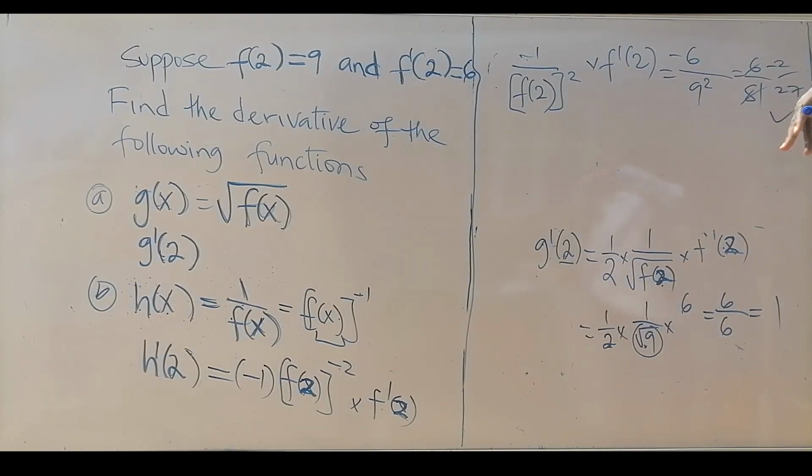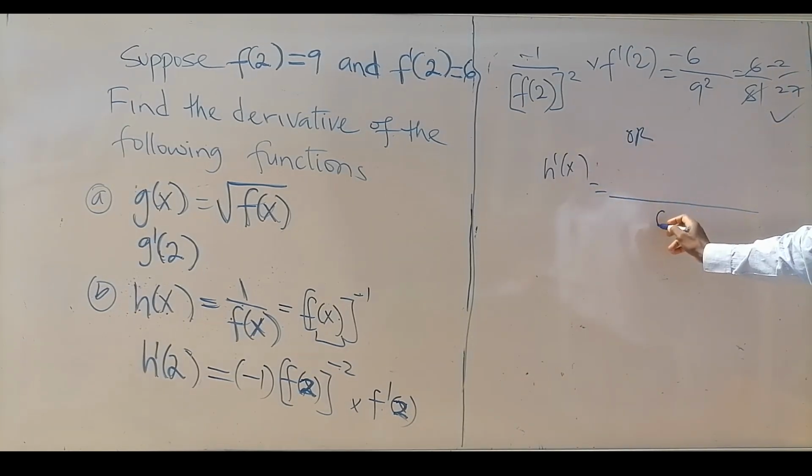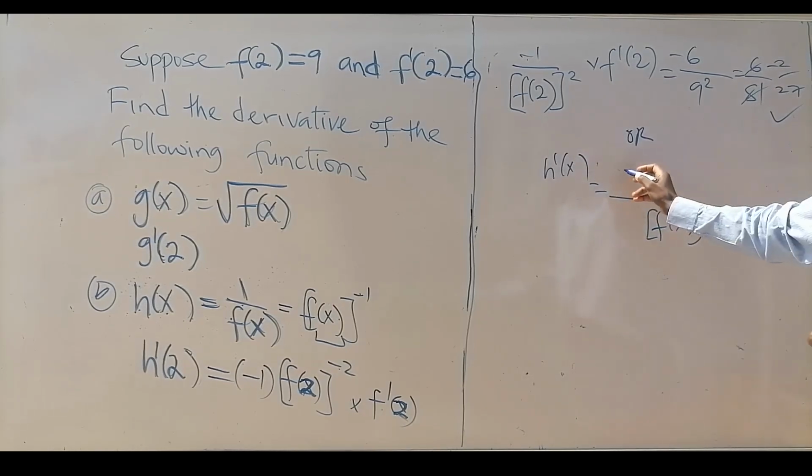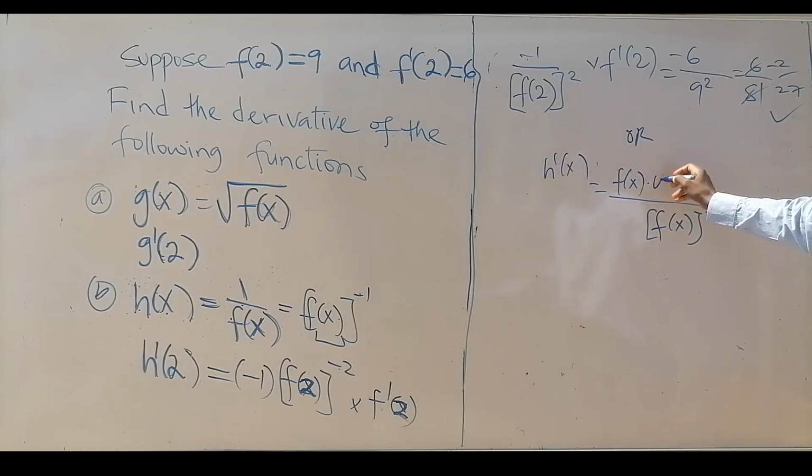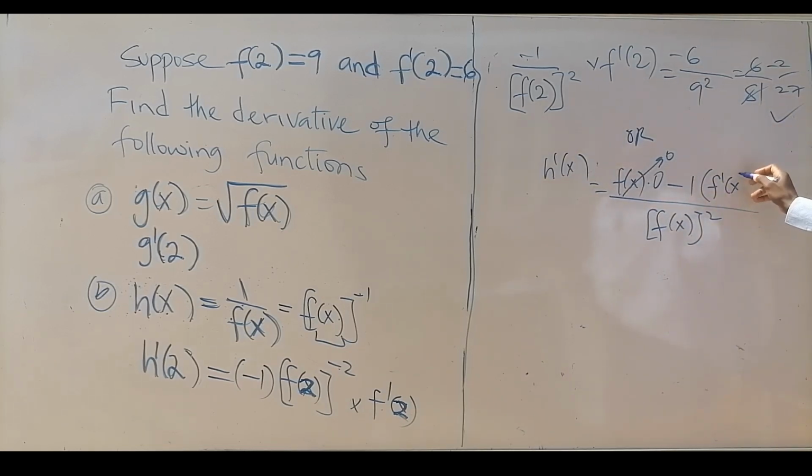And if you like, you can also use the quotient formula for the derivative h prime of 2. Let's try the quotient formula. It's going to be f of x squared in the denominator. Then in the numerator, f of x times the derivative of 1, the numerator, that's 0, so this one is gone, minus 1 times the derivative of the denominator, which is f prime of x.